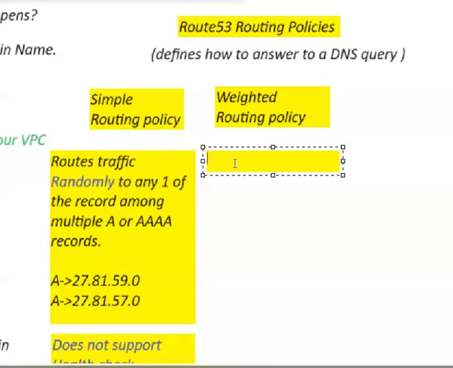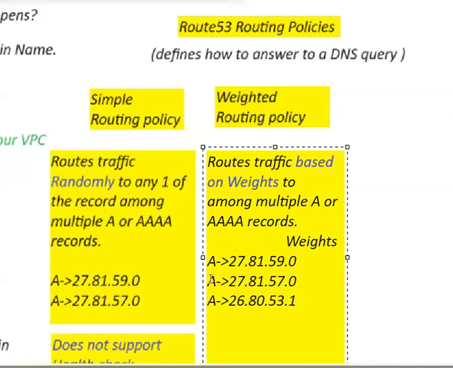So indirectly, this weighted routing policy will route your traffic to IP addresses only, based on whatever weight you specified for the record.